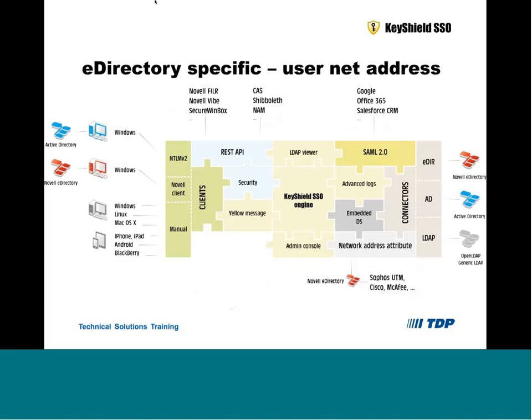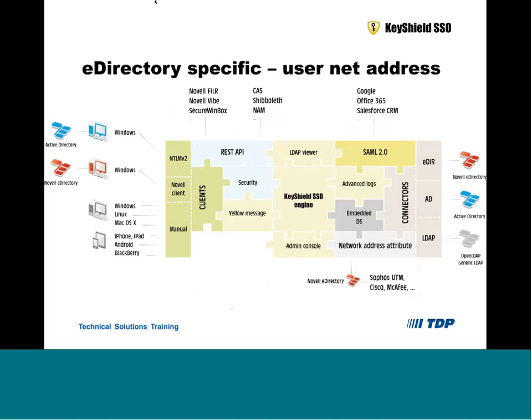So if you check the tree, you can find thousands of IP addresses in the values of this attribute, but users are not authenticated from those IP addresses. So this is not reliable.